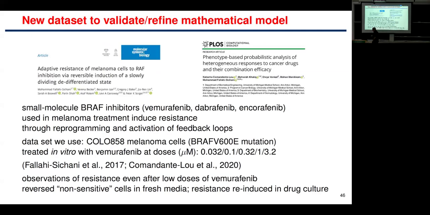This is the data that we used, working together with the first author, Natasha Comandante-Lu, of this last paper in PLOS Computational Biology. This was a melanoma cell line treated with vemurafenib at various dosages.